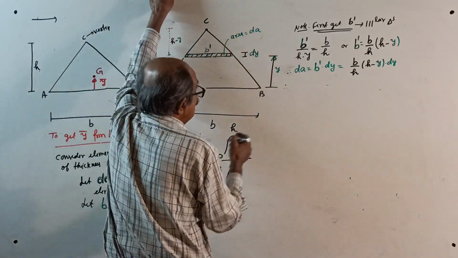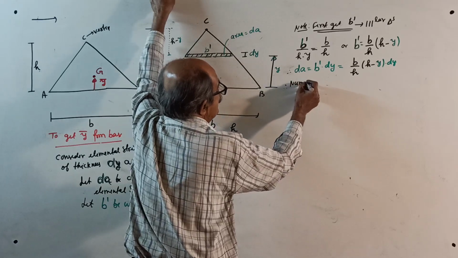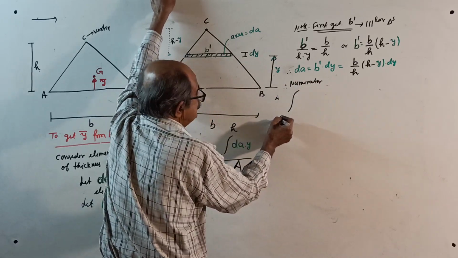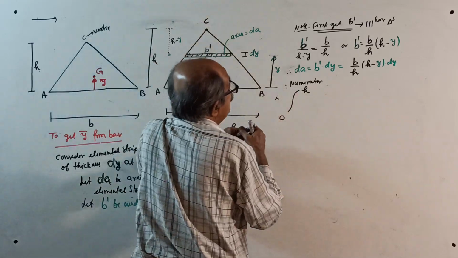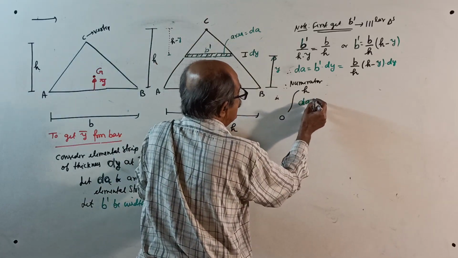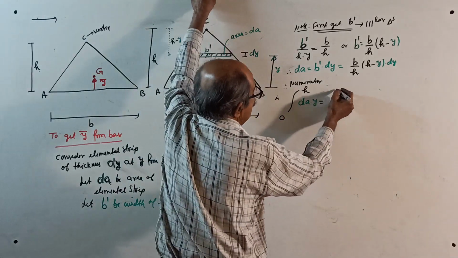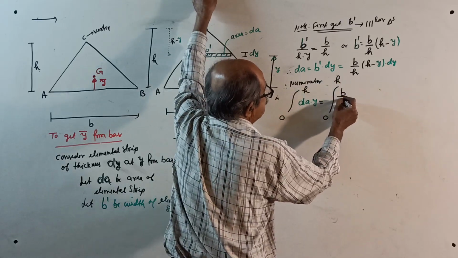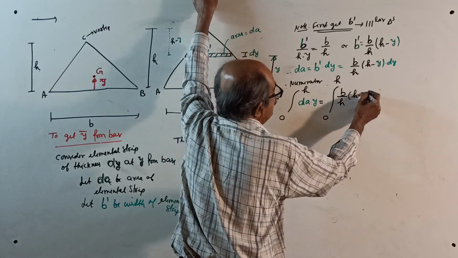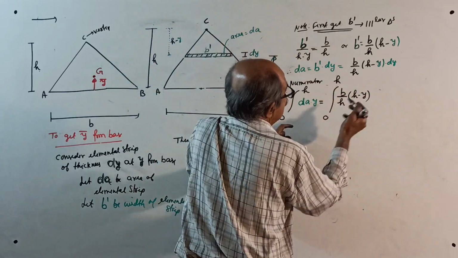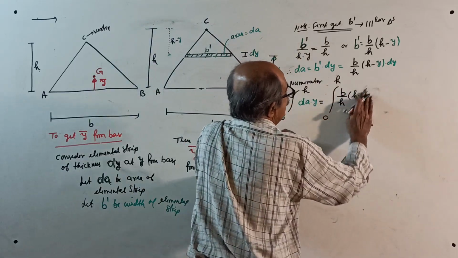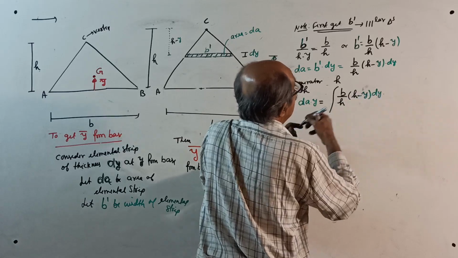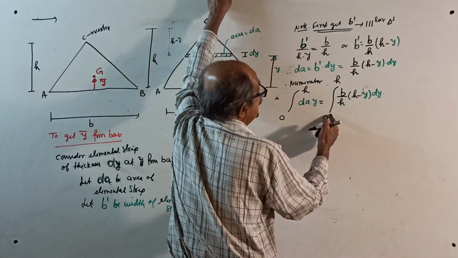Therefore, your numerator, the integration from 0 to h of dA into y, will become the integration from 0 to h of b by h into h minus y, into dy, into y.